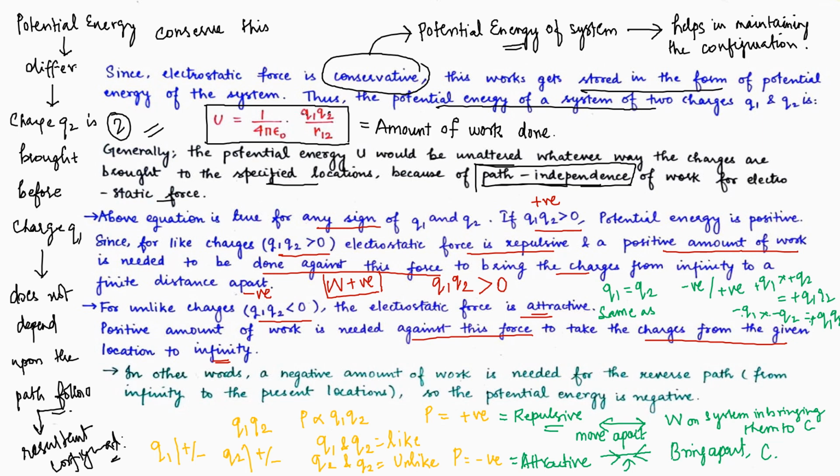Here we are talking about bringing them apart. In other words, a negative amount of work is needed for the reverse path from infinity to the present location. We have to provide a negative amount of work to the system to bring the charge Q2 from infinity to point R2.